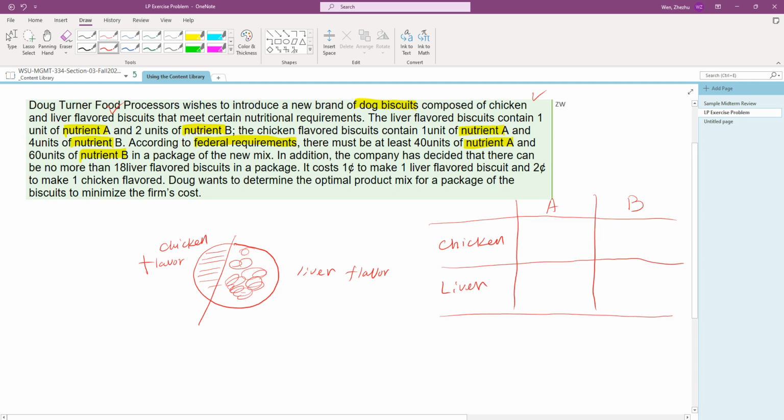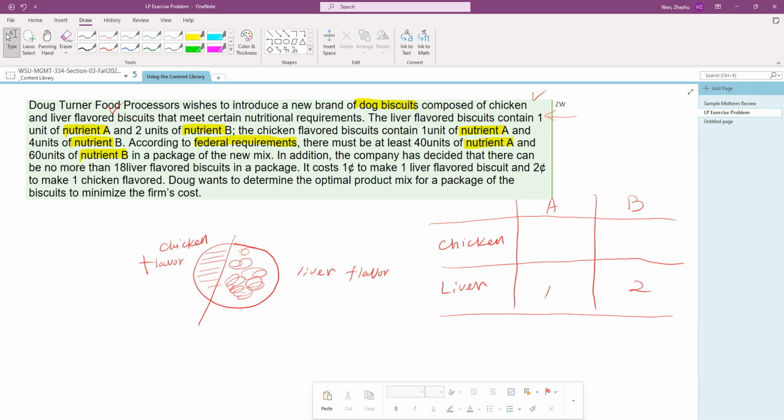You need 1 unit of nutrient A and 2 units of nutrient B for your liver flavored biscuit part. So 1 unit A, 2 units B. I'm being very cautious because I don't want to make a mistake as I work on this.